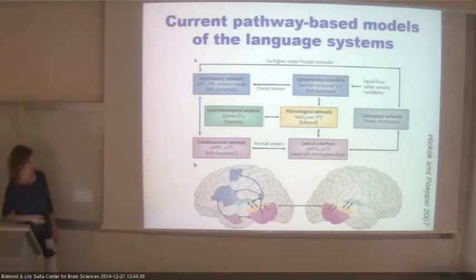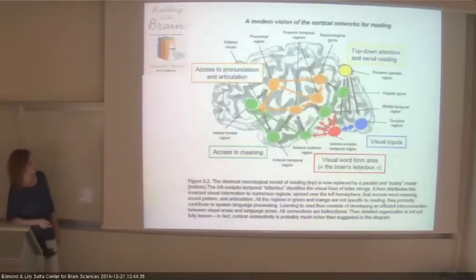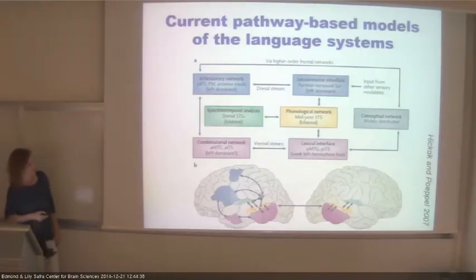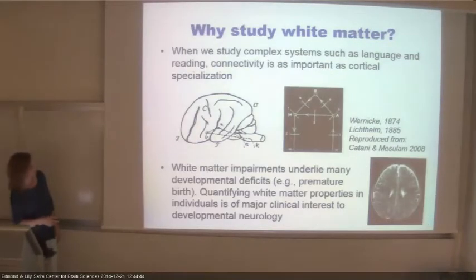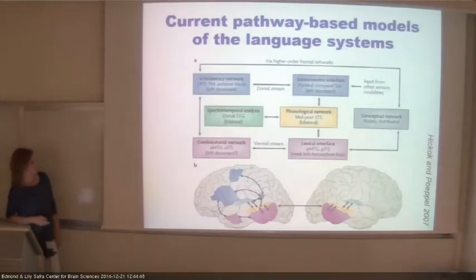And it's true even in the very recent models of language, for example, reading as well, that we're not anymore talking about a very simple model with two brain regions and a connection between them like in these days. We're talking about a more elaborate system, several systems actually, even when we're talking about language specifically.